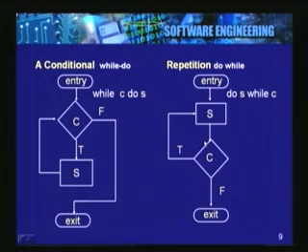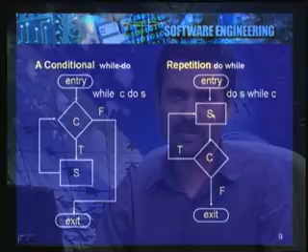Now let's look at the do while, where you execute the statement first and then you execute the condition, and again you have a loop. So the form is this: do S while C is true. As soon as you have an entry, you execute S first. So in this case, you always know that S can be executed without having to check C for the first time.